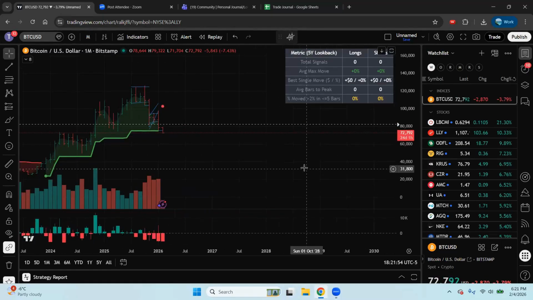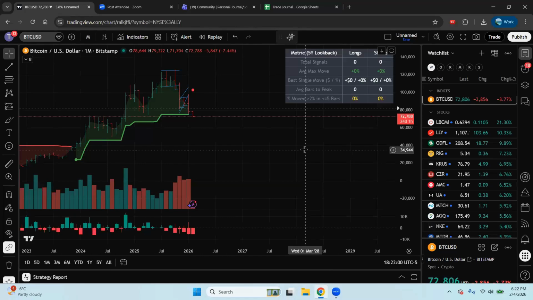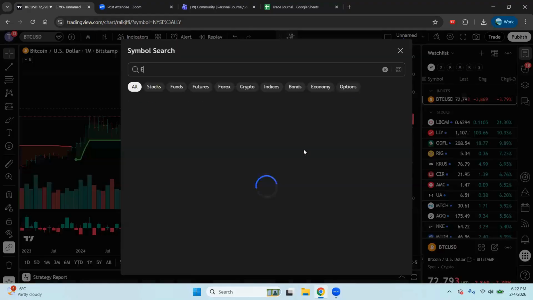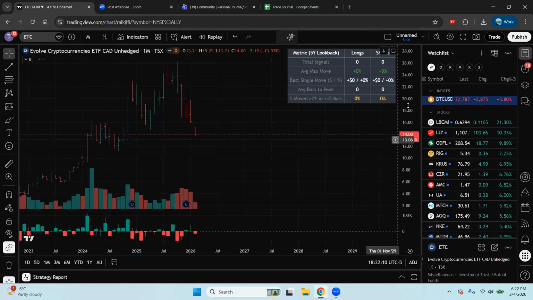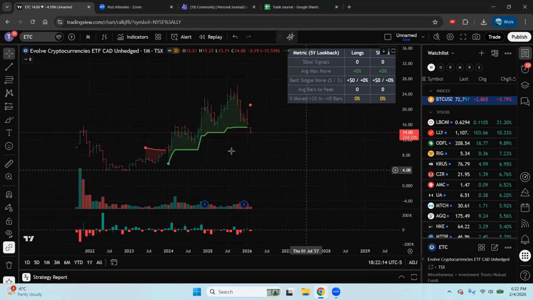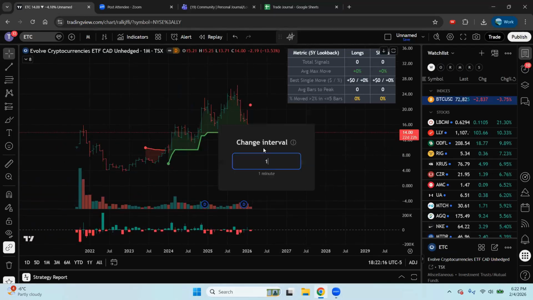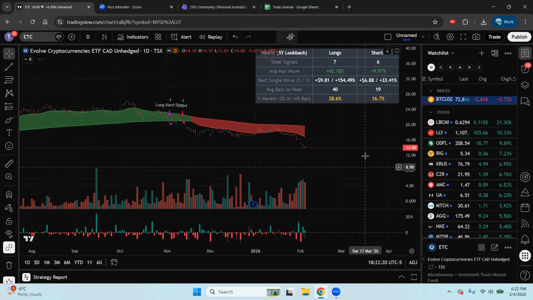So am I a buyer here of Bitcoin? Not just yet. I think Heron's strategy is different than mine. His time horizon is a lot longer than mine. I am in ETC, and that's part of the retirement account, and it has not been doing well. And at this point, when I see something interesting enough to give me a buy signal, I would consider adding to it.